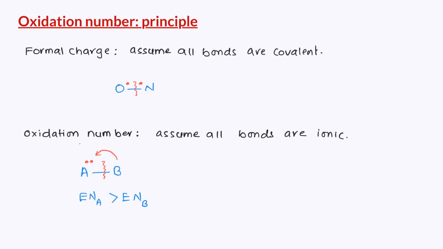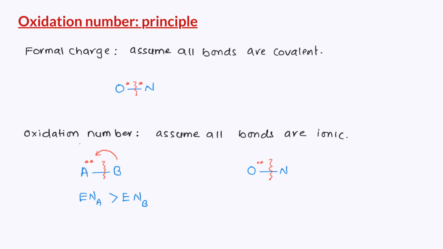Let us look at the bond between oxygen and nitrogen. To calculate the oxidation numbers, we break the bond between oxygen and nitrogen and give 2 electrons to oxygen, which is the more electronegative atom, and 0 electrons to the least electronegative atom, that is nitrogen.